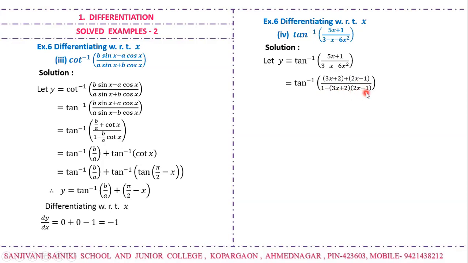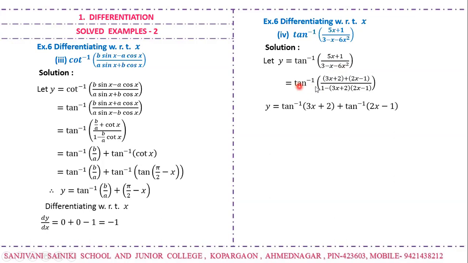How does it come? As soon as I write 1, there will be plus 2. I take the minus 1 from these three terms, so I get 6x square plus x minus 2, and I will factorize it. The factors will be 3x plus 2 and 2x minus 1. If we take their addition, I get 5x plus 1. In this way we can replace.